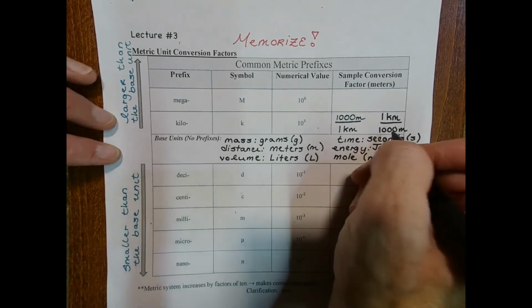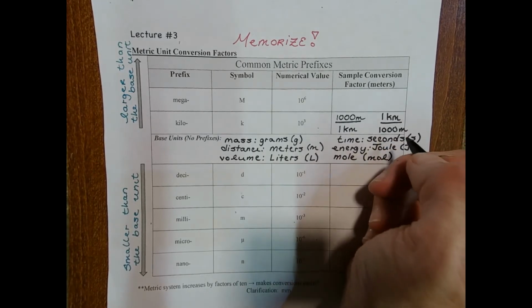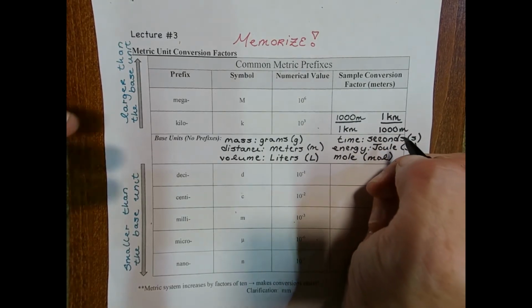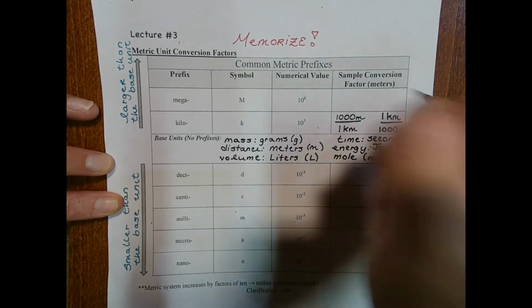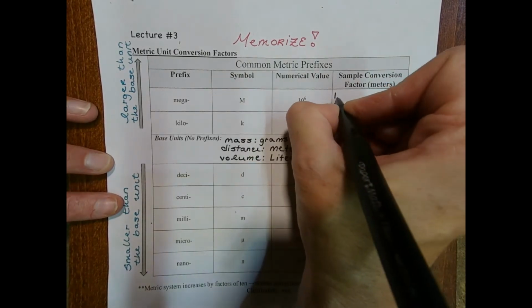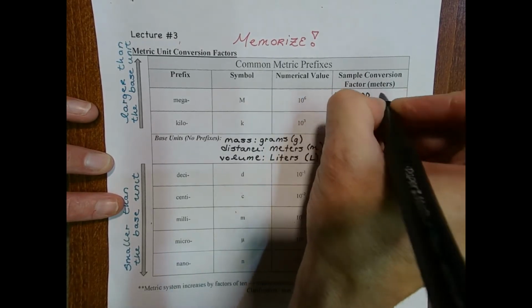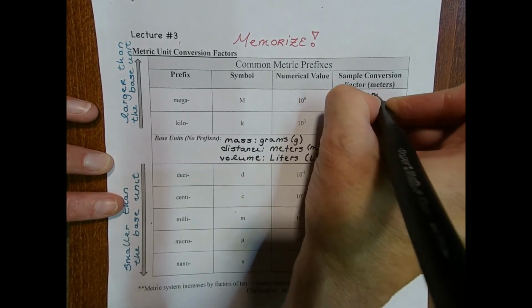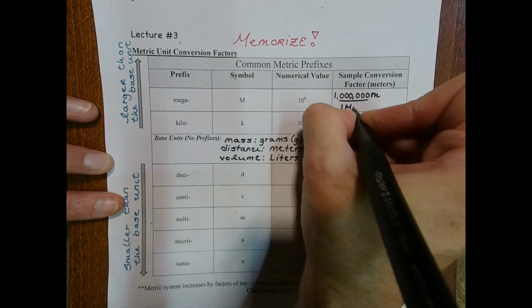Even bigger than that, and I made note of that over here, these two prefixes are going to make your new unit larger than the base unit. So even bigger than that is a megameter. So there's 1,000,000 meters in 1 megameter.